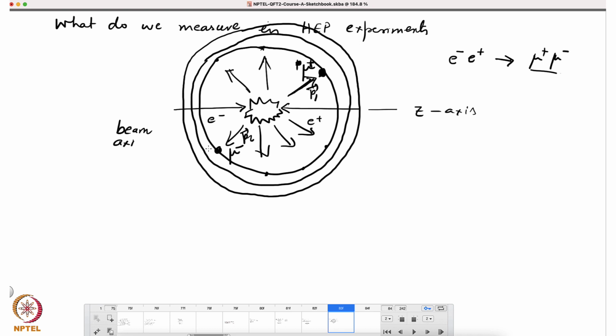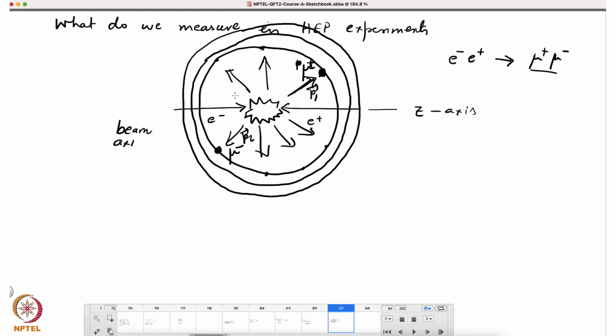Okay. So, we could ask how many such events are produced in these collisions, or equivalently, if you are asking only for one collision, then you could ask what is the probability that this collision produces a mu plus mu minus pair, where the mu plus carries a momentum p1 and the mu minus carries momentum p2. Okay, so these are the questions which we typically ask.